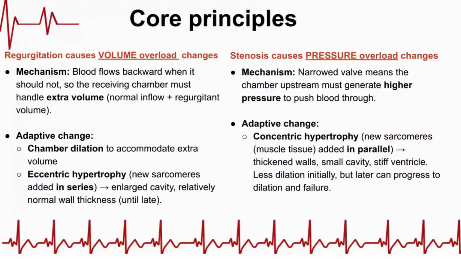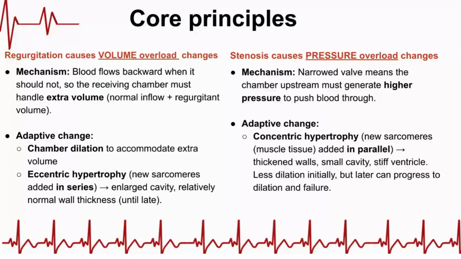If you think back to physics back in school, you have series circuits, so it's in one line. So you have new sarcomeres that are added in one line, and this enlarged cavity will have relatively normal wall thickness. We will talk about how it all goes wrong later, but I really want you to understand that regurgitation causes volume overload changes to the heart.